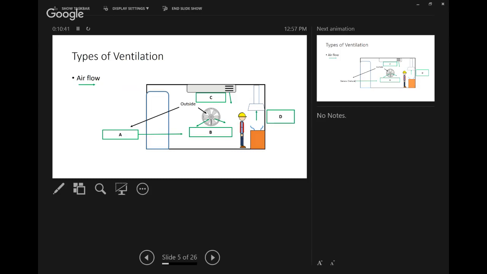So these are some different components or the different types of ventilation and sort of examples. This is a door. It's kind of hard to see, but this blue thing on the left side is a door that's open. This is a fume hood.